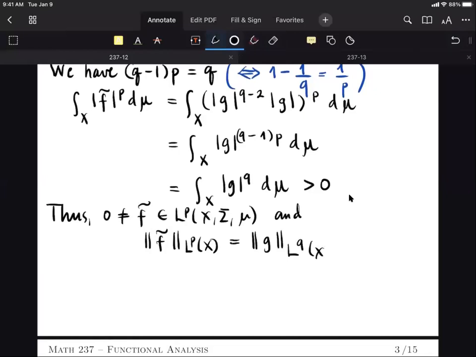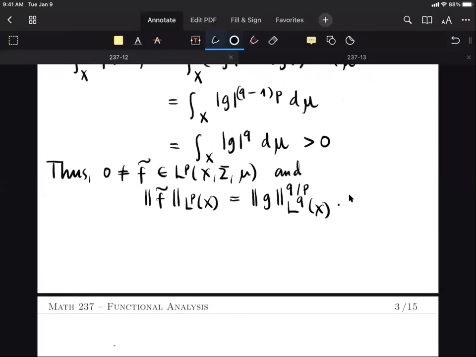We have a power p, and then we have a power q. Raising to the power 1 over p, you end up with the following. You can write this as q over p.